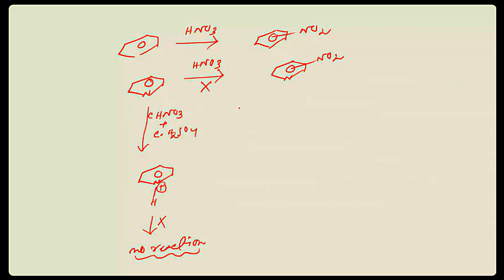Let's try something different. Let's say we take pyridine and try Friedel-Crafts acylation with RCOCl and AlCl3. Then what will happen? It will make a complex with the nitrogen, AlCl3 minus and nitrogen plus.